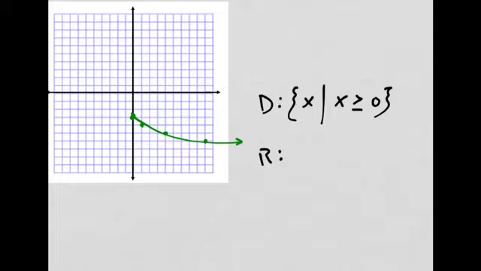Here's the interesting part. The range, remember, you pick a y value. Can I draw a horizontal line and touch my graph? No, so that is not part of the range. The first time that actually happens is when y is equal to -3 and downwards, because I can pick any point here and I can touch my graph. In fact, this actually goes down and out forever.